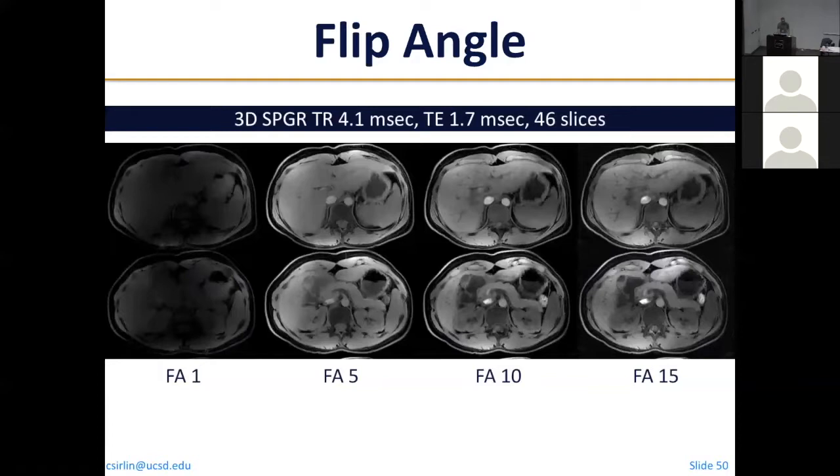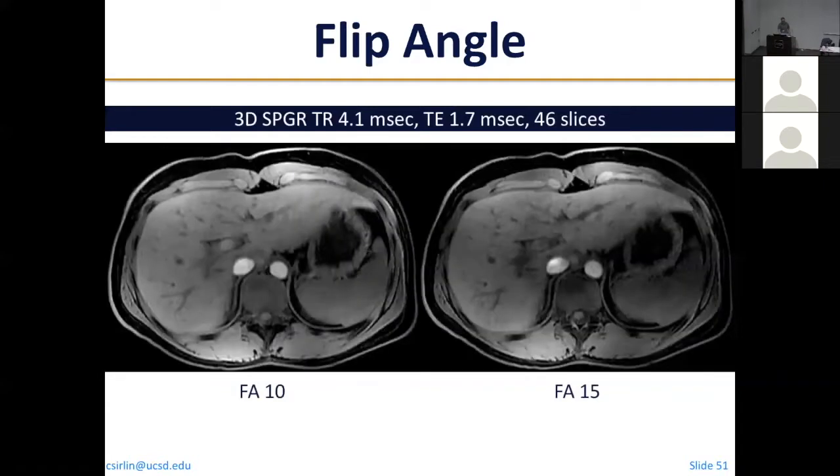Now, some of you think I'm going crazy because you look at these two images and it's hard for you to say that one of them has a higher signal to noise than the other. So now let me show you that. This is flip angle 10, this is flip angle 15, and I hope I can convince you that this has a higher signal to noise than that. If I can't convince you of that, then let me now take a piece of that image and superimpose it.